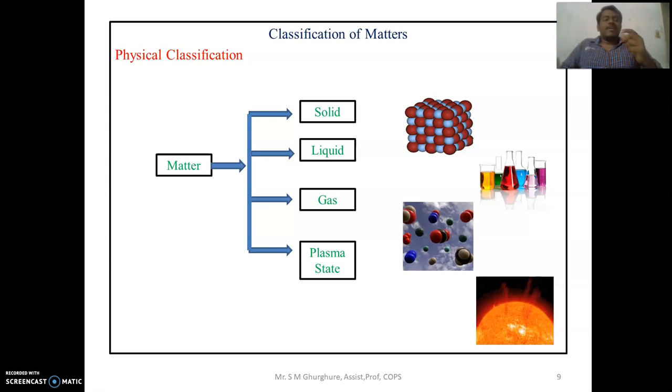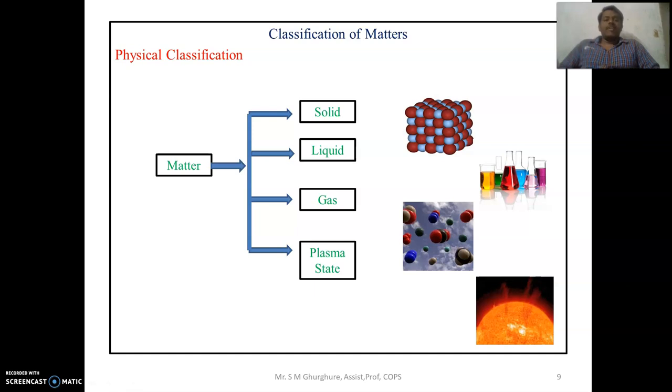That's why the liquid is able to move from one point to another. The intermolecular force of attraction in liquids is less as compared to the solid state. The liquid has definite mass, definite volume, but not a definite shape.